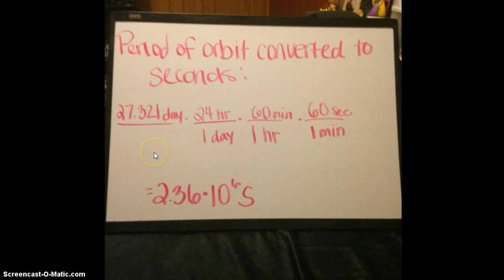So as you see, in 1 day there's 24 hours, in 1 hour there's 60 minutes, and in 1 minute there's 60 seconds. The days cancel, the hours cancel, and the minutes cancel, and you're left with seconds, which gives you 2.36 times 10 to the 6 seconds.